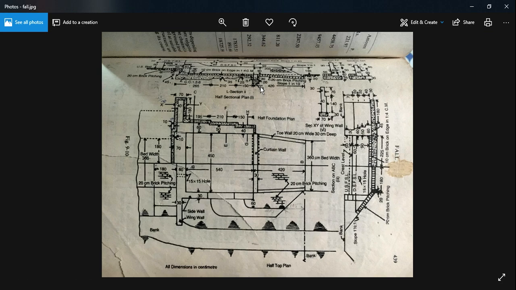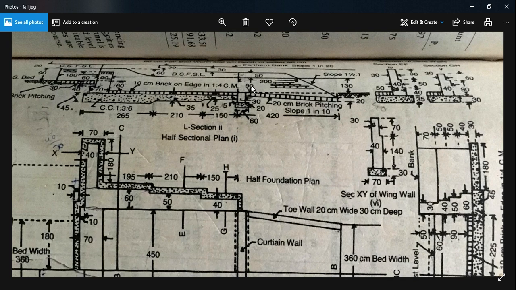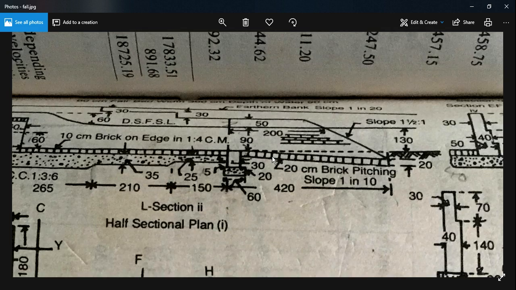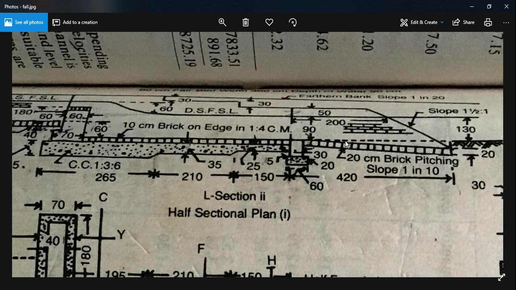Again, it has a varying depth at two portions, because we aren't considering the 20 centimeter brick pitching, we are doing it without brick pitching. The depth of excavation here is 60, and the depth of excavation here would be 60 plus this distance, that is this distance comes from the slope 1 in 10.